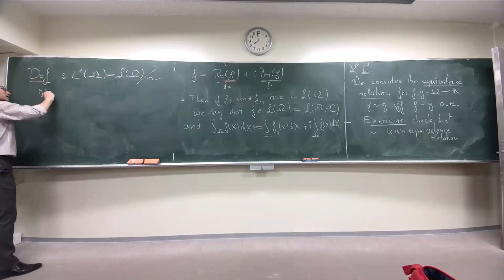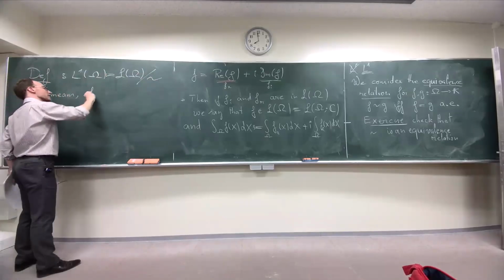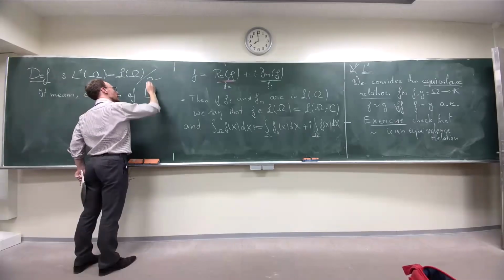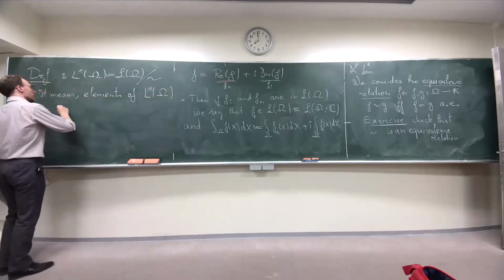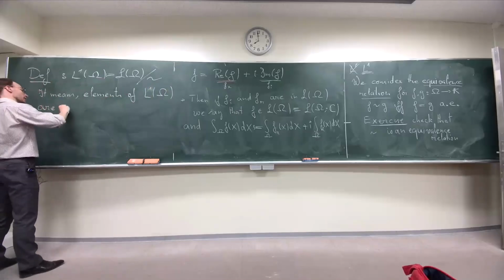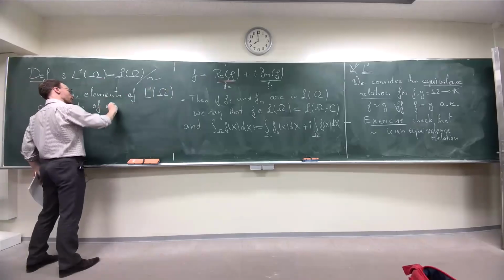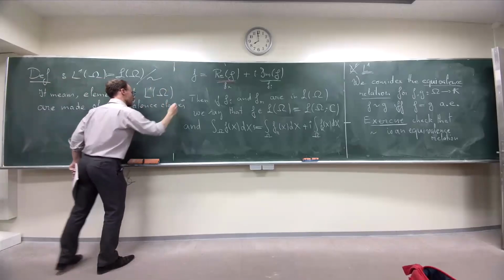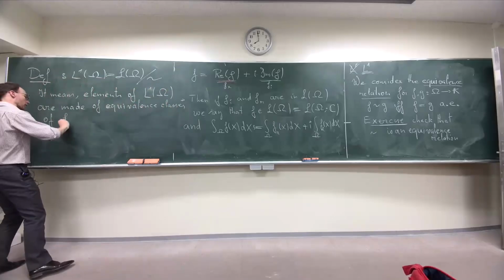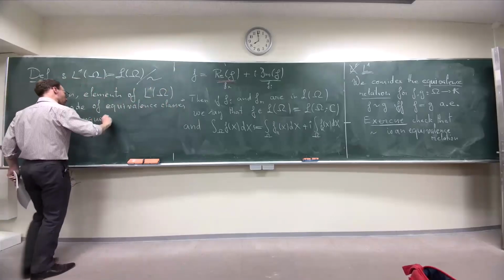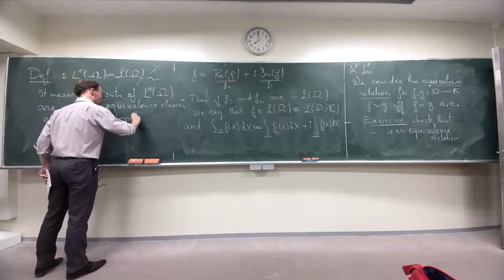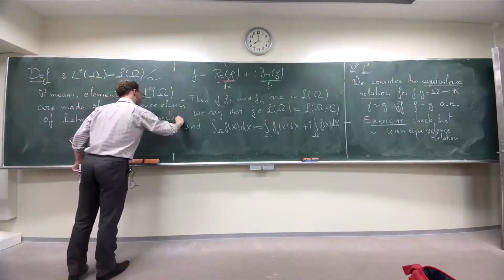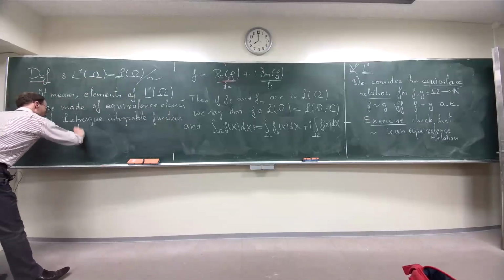It means elements of L1 of omega are made of equivalence classes of Lebesgue integrable functions, equal almost everywhere.